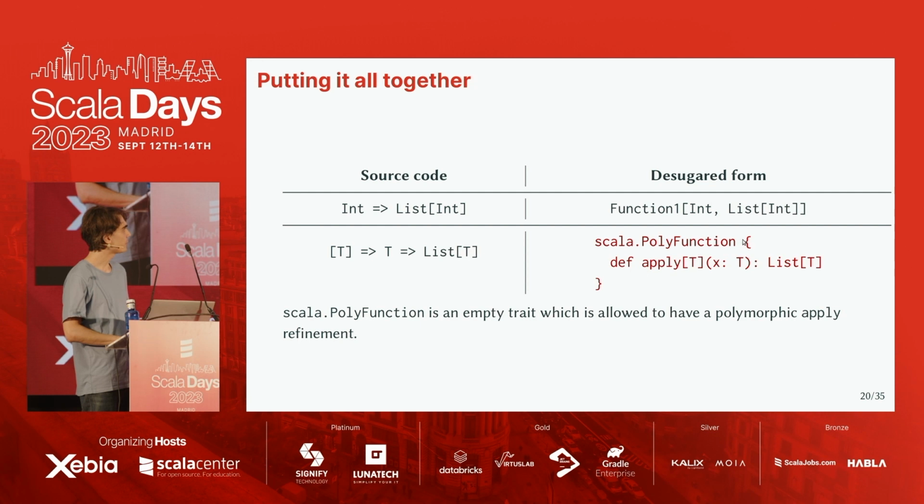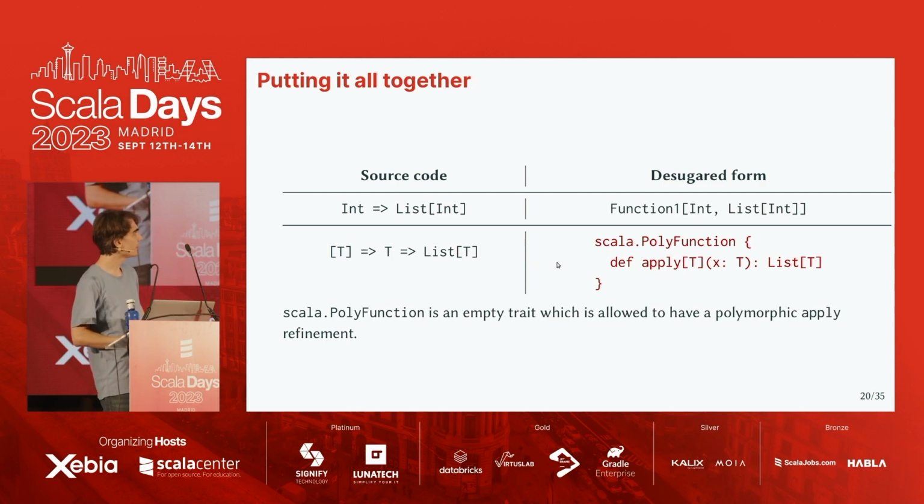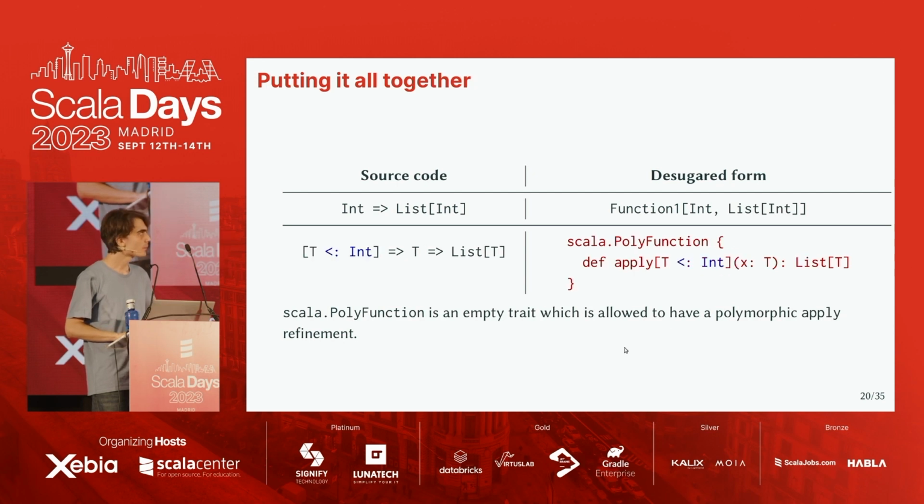And this empty trait has a refinement which defines the apply method of exactly the type we want. So instead of defining a million traits for every possible polyfunction, we have one empty trait, and then in the type, in the desugaring, we add the method directly that tells us how we can use this function type. And so yeah, if we add an upper bound here, then we just add it in the desugaring. There's nothing special going on.